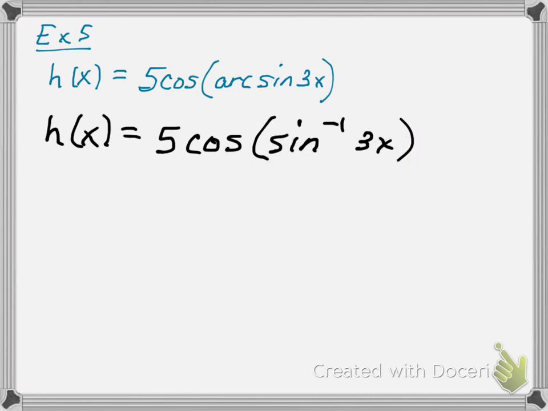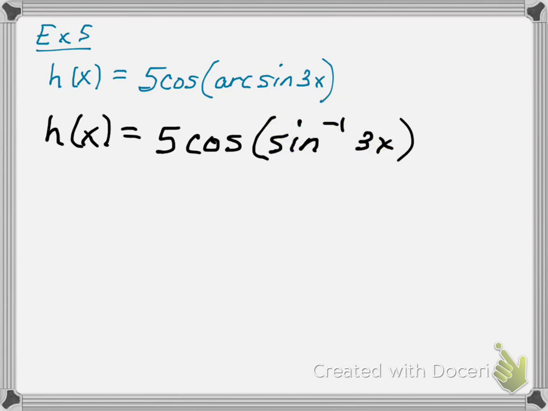So when I think about the derivative of 5 cosine theta, this is like my theta. If I was to take the derivative of cosine, that would be negative sine. The derivative of any cosine is negative sine. I just have something more complicated than a theta, so that means I'll have to use a chain rule here.